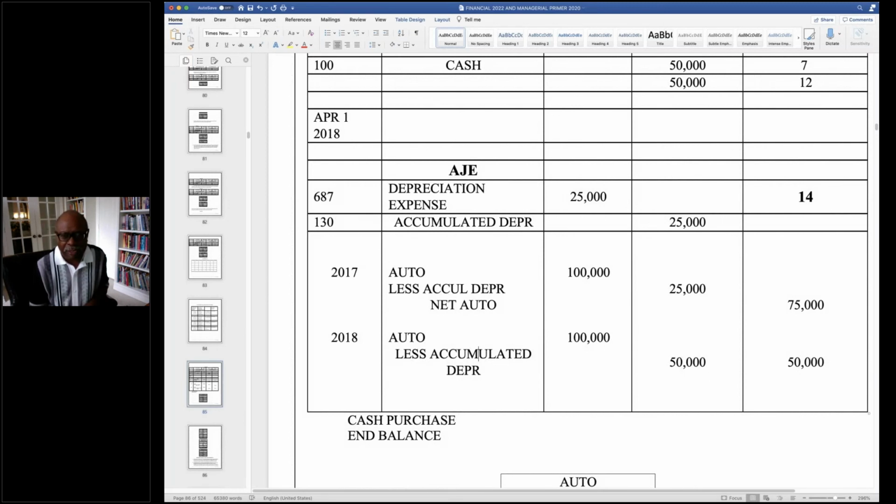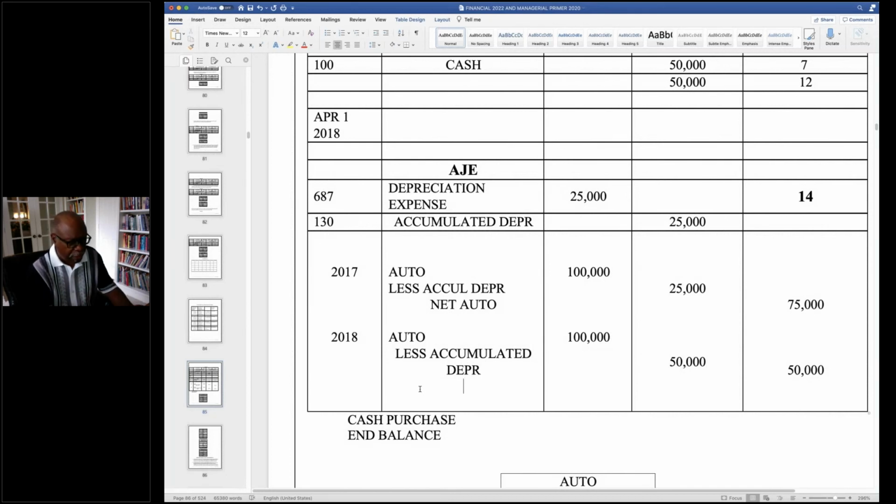It has a balance of 50,000. Then the next year, accumulated depreciation will be 75,000. The net auto just keeps going down in value, just like your car keeps going down in value every year.